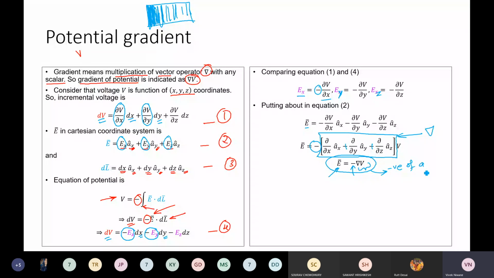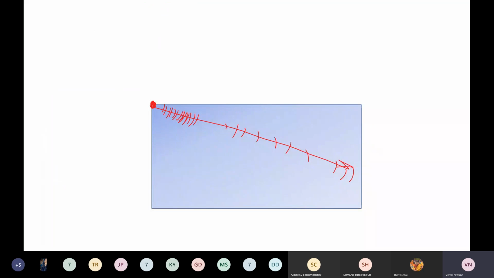Why negative? Because the electric field is decreasing as we go away from the point charge. Your gradient of the potential will have lower intensity as you go away from the source. Very important derivation. E bar is equal to minus del V.